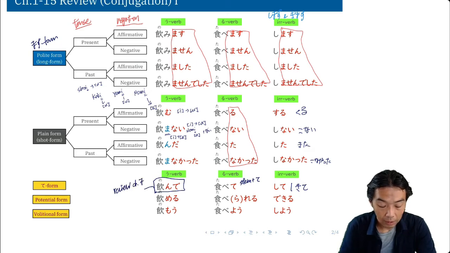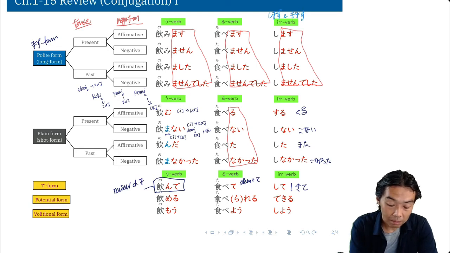Okay, for now, just accept it as a fact that the te form of nomu is nonde. Okay, and we skip the plain past affirmative nonda because how you make nonda is you start with te form.